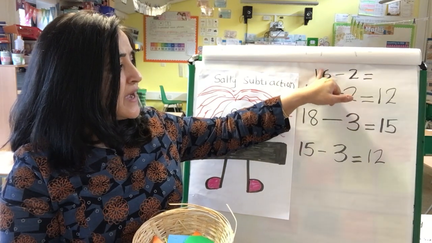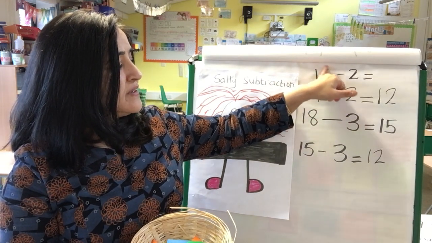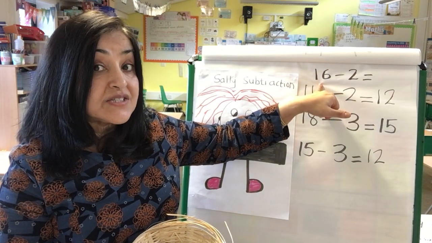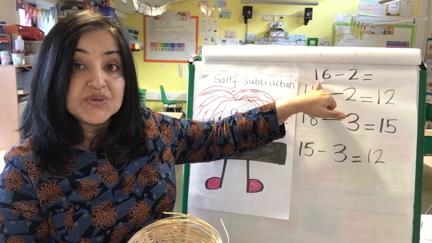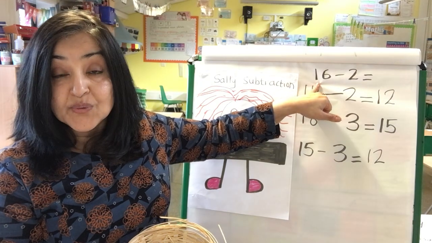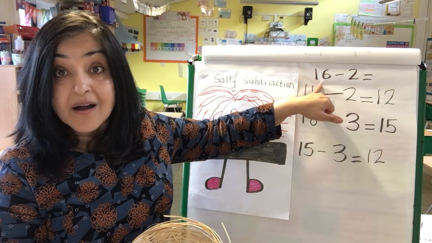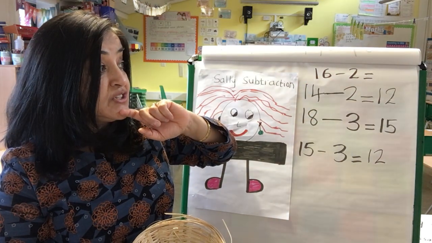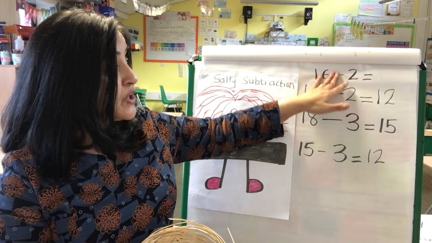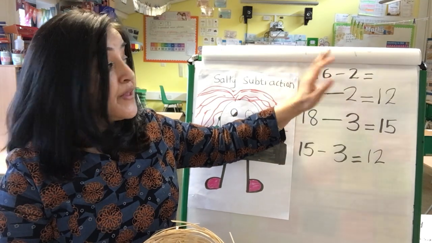Can you go round your house and collect something which totals to 16? Are you going to use pasta again? Are you going to use your socks again? I wonder. You could use socks if you wanted. You could use scarves. You could even use pencils or felt tips. So first, you've got to have 16.